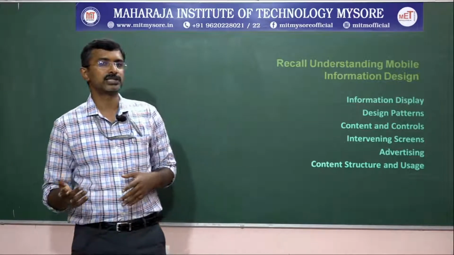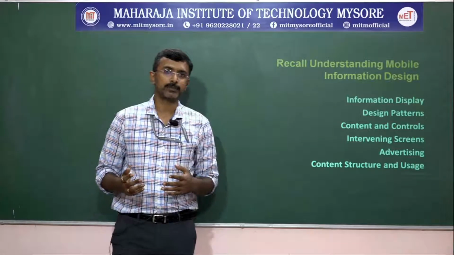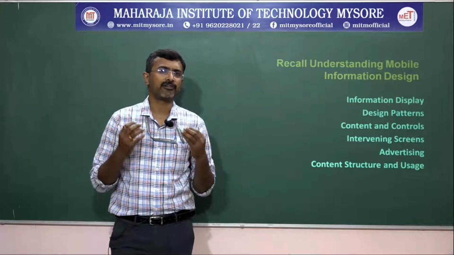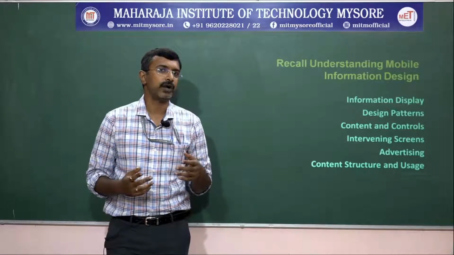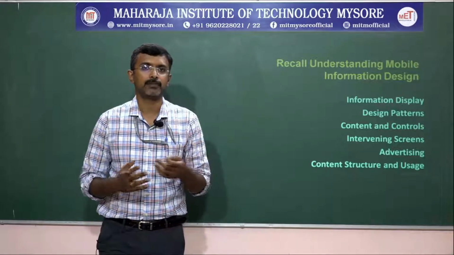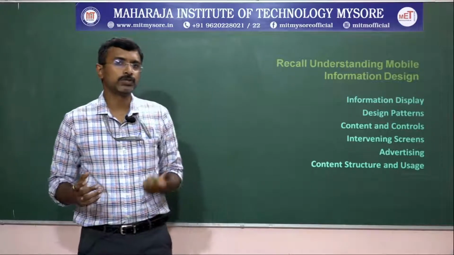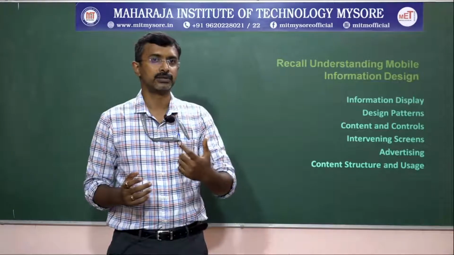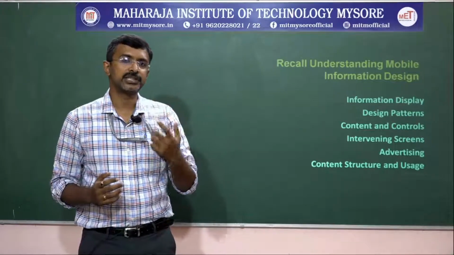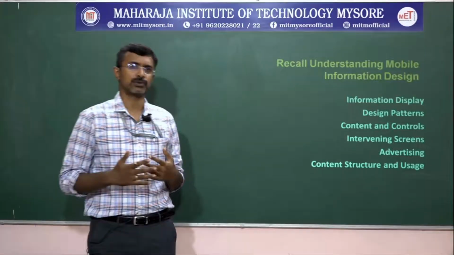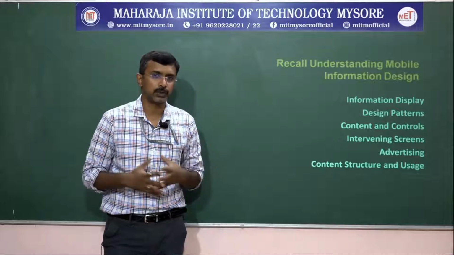Then at the end we discussed content structure and usage, which is nothing but how we write content on a mobile screen. For example, we have to use plain text, not a complete paragraph, and attractive words. We should use attractive fonts, and we need to use error corrections and detections. How do we attract the user?